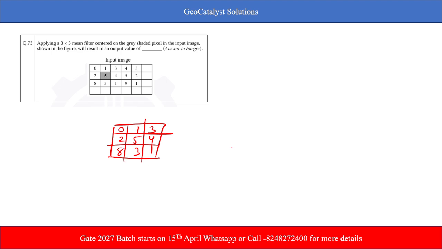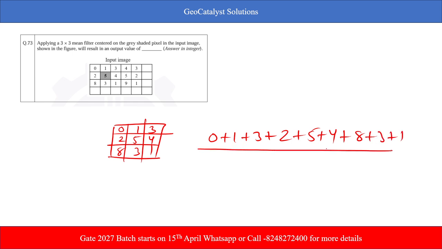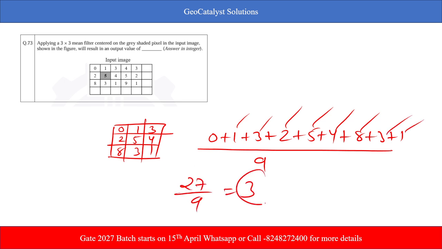And we are applying a mean filter. So we have to find the mean of this. So 0 plus 1 plus 3 plus 2 plus 5 plus 4 plus 8 plus 3 plus 1, divided by 9. So 1, 4, 6, 11, 15, 23, 26, 27. 27 by 9, 3. So 3 will be the answer.